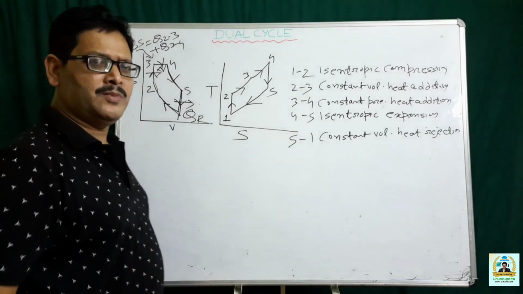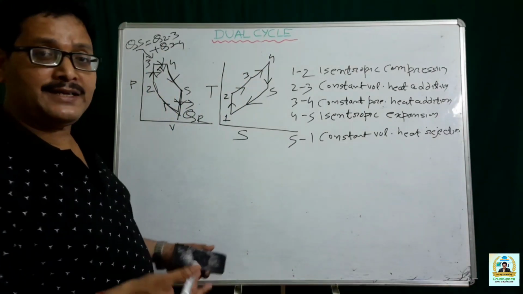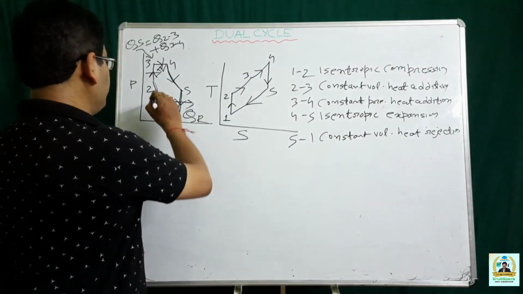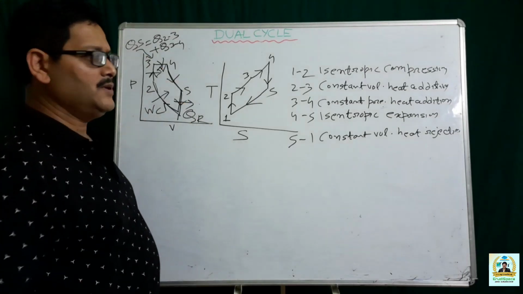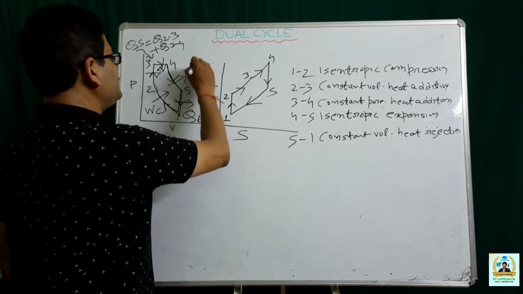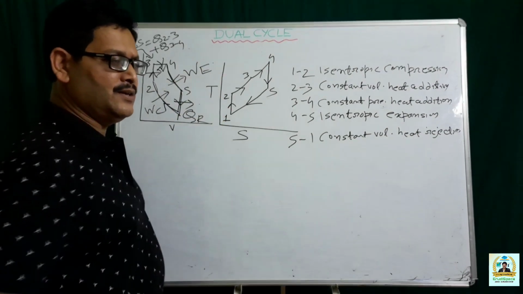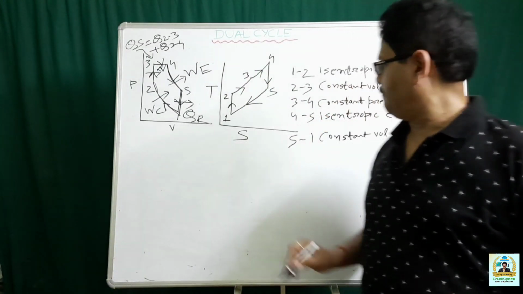That is a constant volume heat rejection process as has been happening in your Otto cycle and your diesel cycle. And this is the work done upon the system during isentropic compression and this is the work obtained from the system during isentropic expansion.